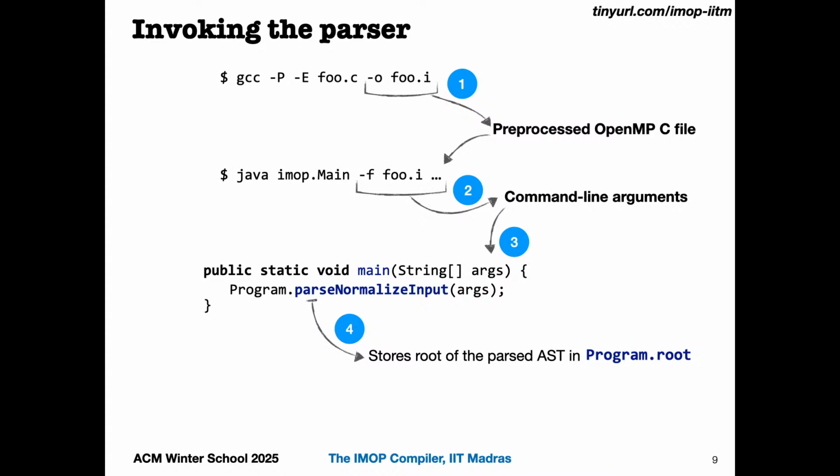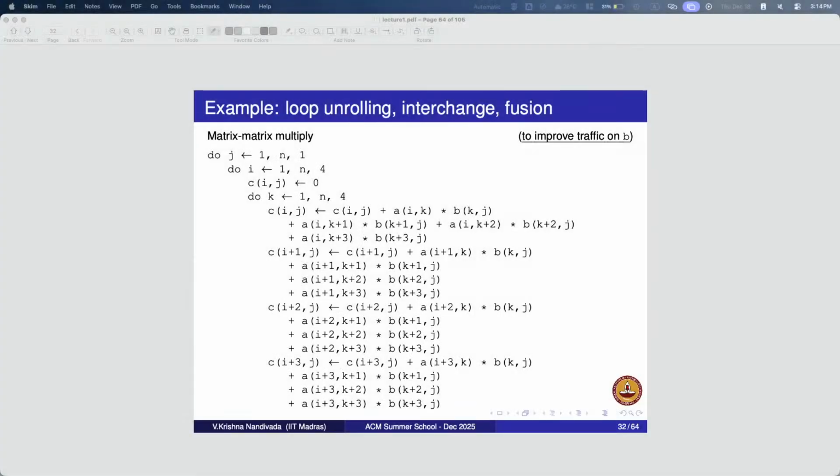Okay, for example, let us say I have hash define good as 0, and I write int x equal to good. That's my program.